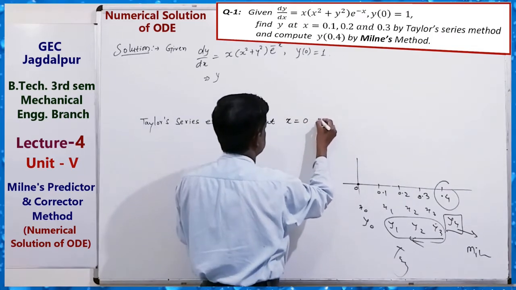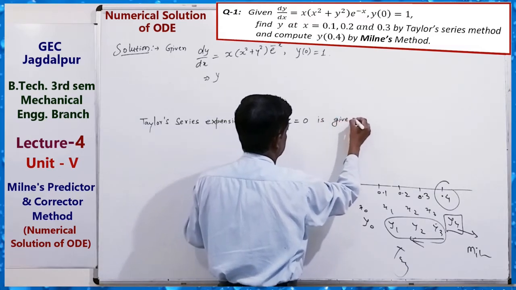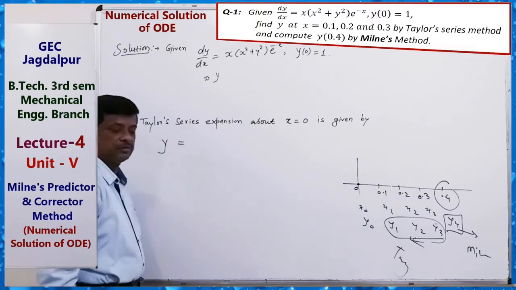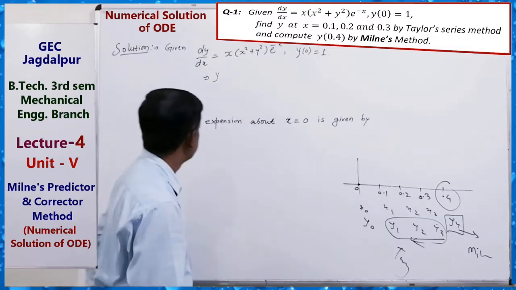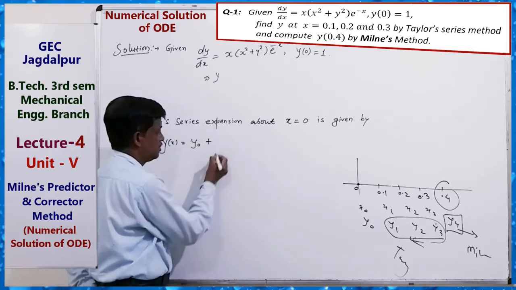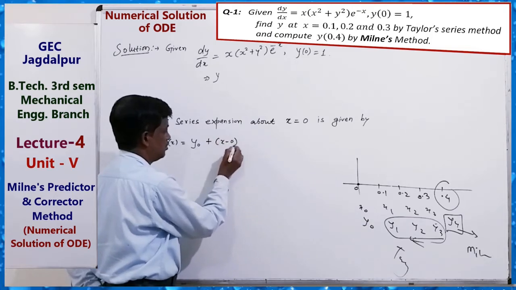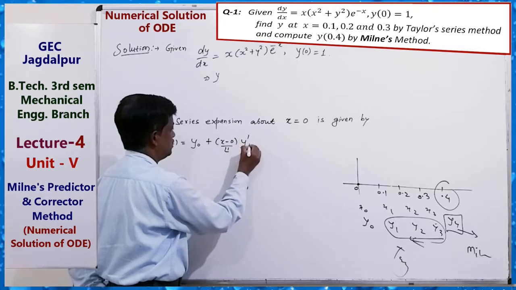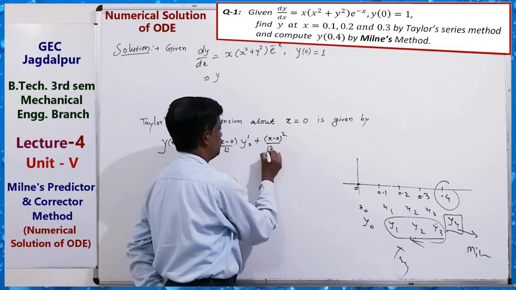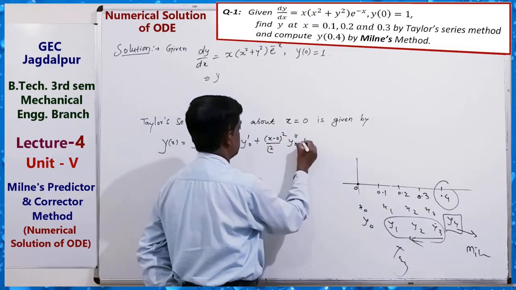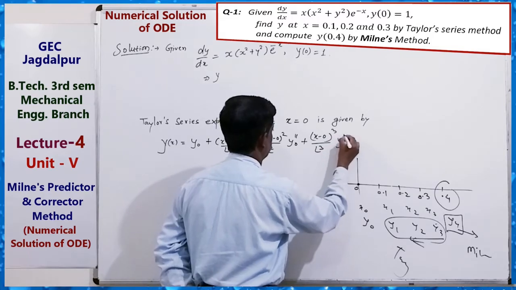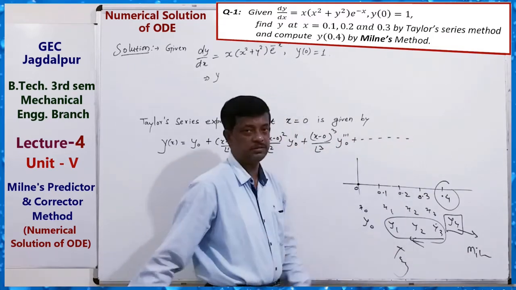The Taylor series expansion about x equal to 0 is given by y of x equals to y0 plus (x minus 0) upon factorial 1 y dash 0 plus (x minus 0) square upon 2 factorial y double dash 0 plus (x minus 0) cube upon 3 factorial y triple dash 0 and so on. Up to 3 derivatives we have to find.